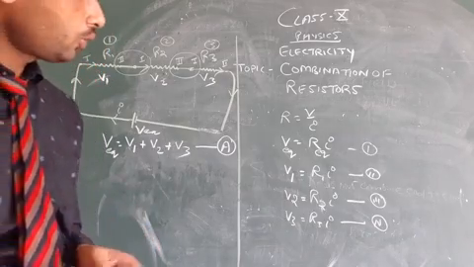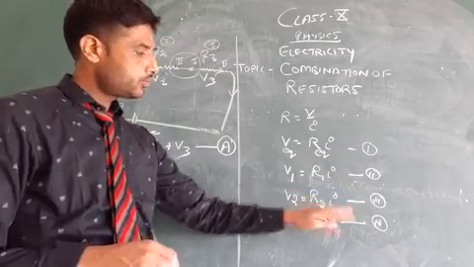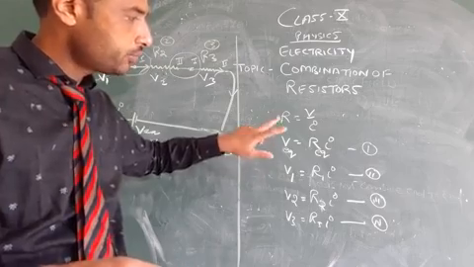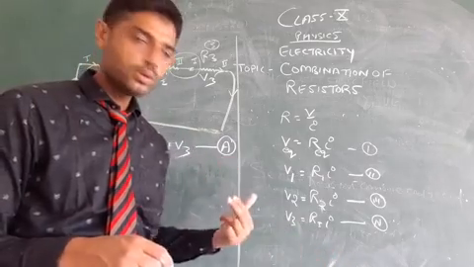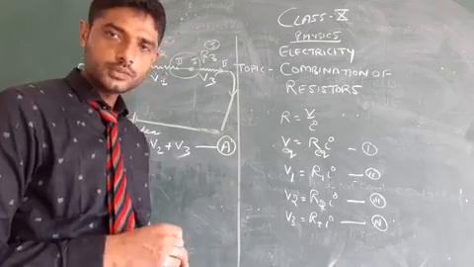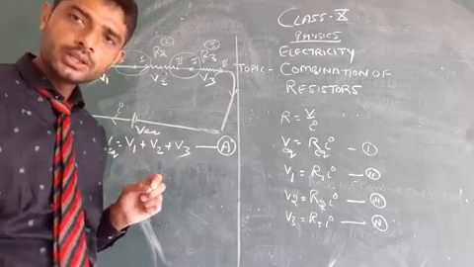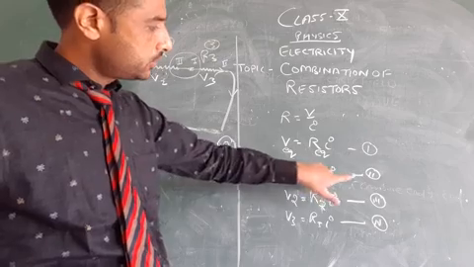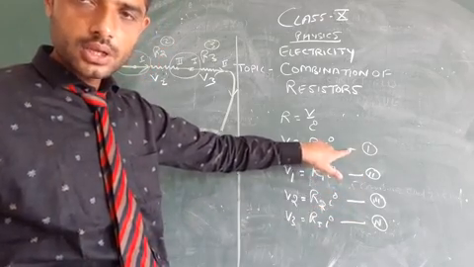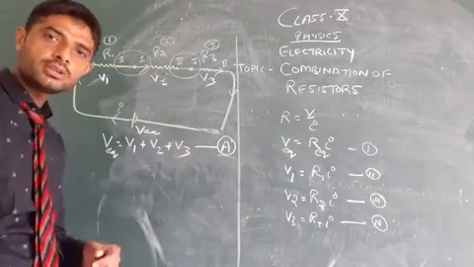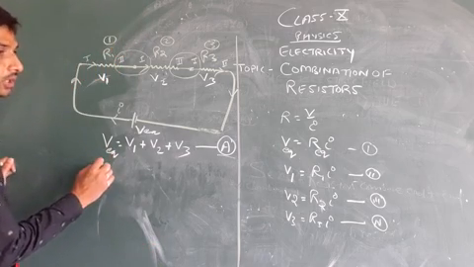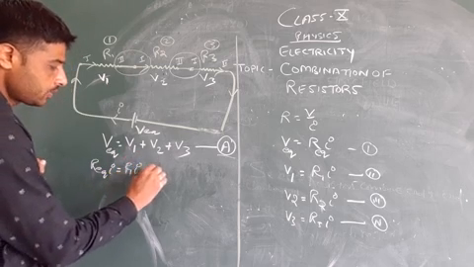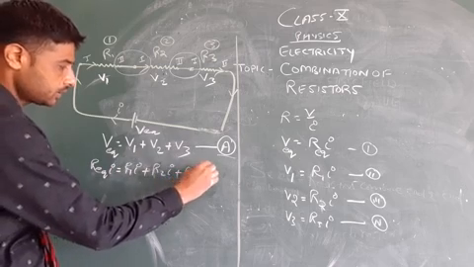So by putting the value of V1, V2, V3 and V equivalent from equations first, second, third and fourth into equation A. This is equation A. So V equivalent equal to ReqI and V1 is R1I, R2I and R3I.